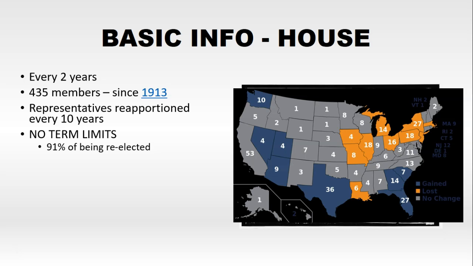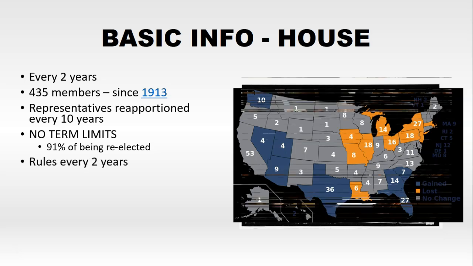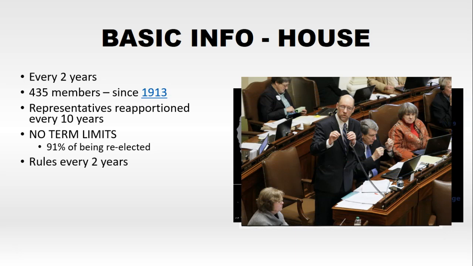Now, we just said that every 2 years, we have a new quote unquote election taking place to change the House of Representatives. And with that, we also bring about rules every 2 years. The House of Representatives, they set up their own rules as to what happens within the chamber itself.